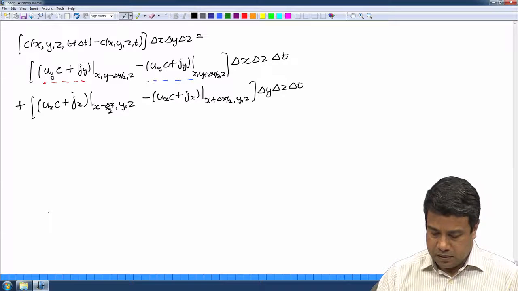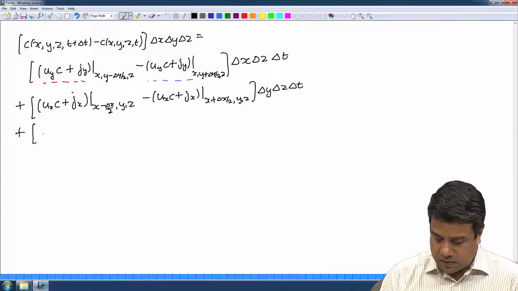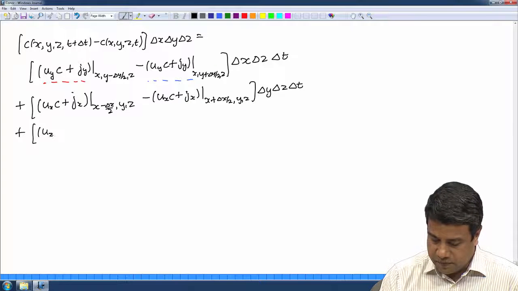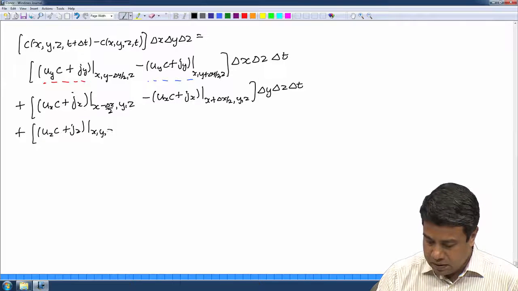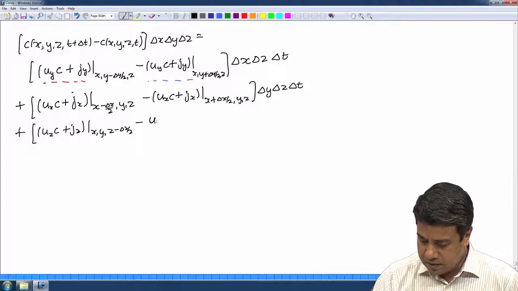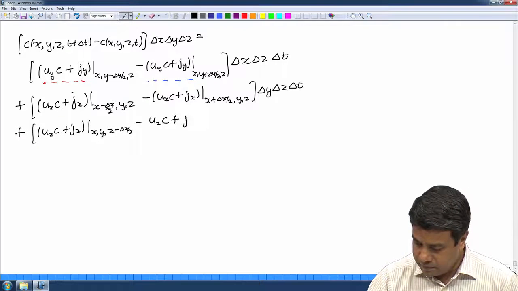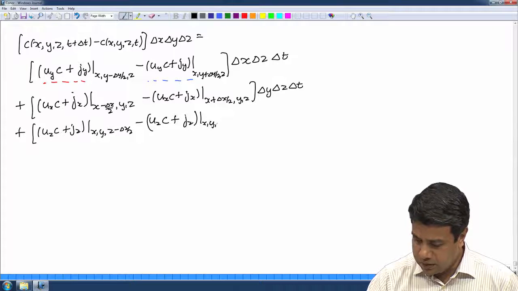And the next one will be the top and the bottom faces. The bottom face first, u_z c plus j_z at (x, y, z minus delta z by 2), minus u_z c plus j_z at (x, y, z plus delta z by 2).